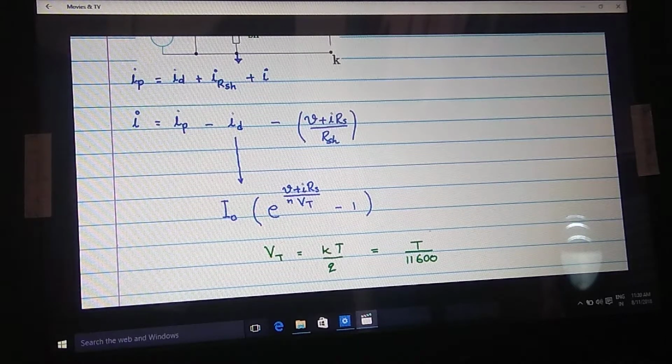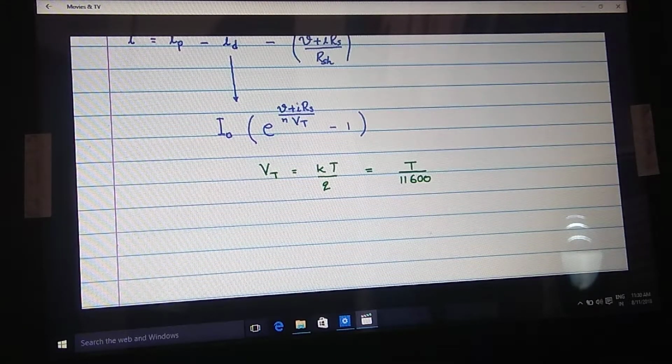N is a parameter which is dependent upon the material, and it has a value equal to 2 for silicon. It has different values for other semiconductor materials.